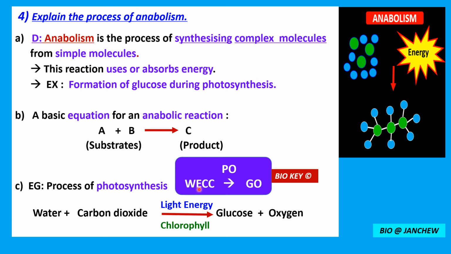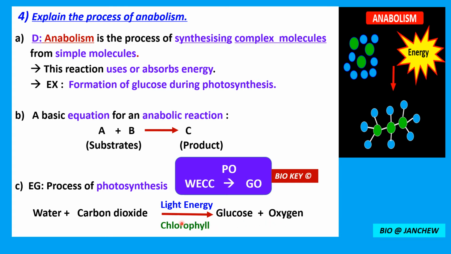Again, this type of acronym is very simple to remember, and it will help you in the long run to really remember the word equation for photosynthesis, which is water plus carbon dioxide in the presence of light absorbed by chlorophyll produces glucose plus oxygen using the light energy.